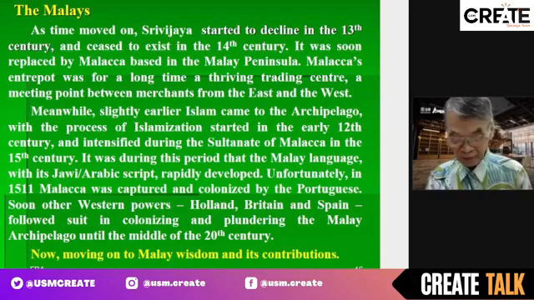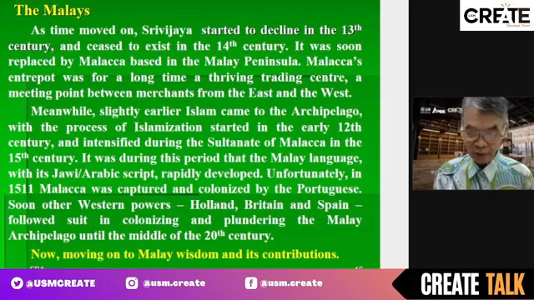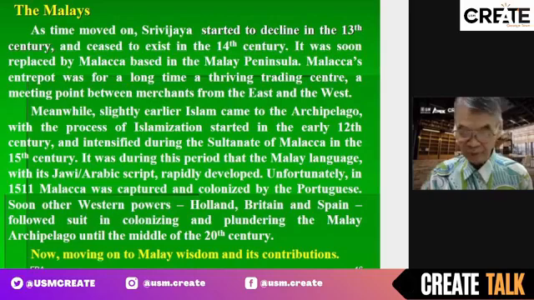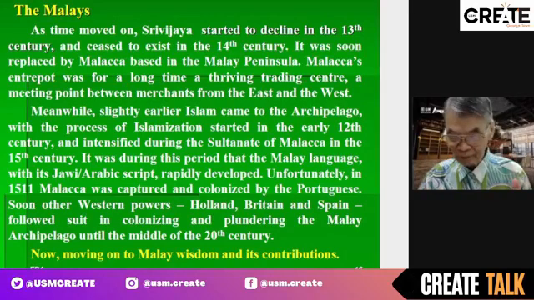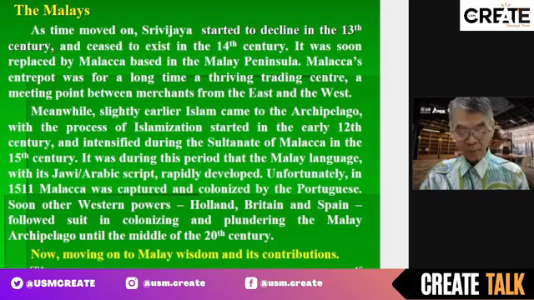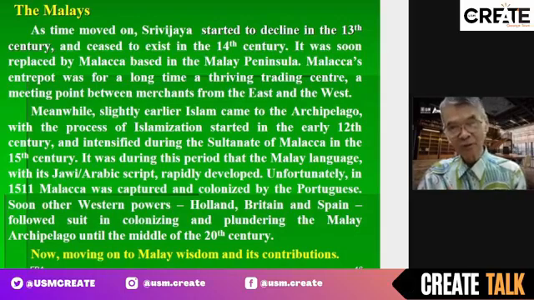Meanwhile, slightly earlier, Islam came to the archipelago, with the process of Islamization starting in the early 12th century, but flourishing during the Sultanate of Malacca in the 15th century. It was during this period that the Malay language, in Jawi or Arabic script, rapidly developed. I mention this because it has to do with the last part of my presentation after all.